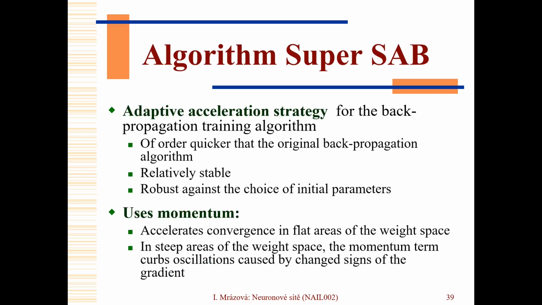The last technique based on adaptive learning rates that we will discuss here is the so-called SuperSAB algorithm. SAB stands for self-adapting backpropagation. Similarly to the preceding two strategies, it is also an adaptive acceleration strategy for the backpropagation training algorithm.